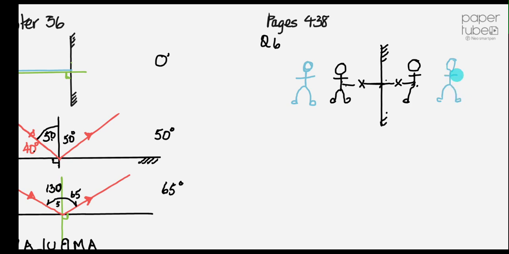Yes? So this has moved 20 back, and this will have moved 20 back. So the question is, by how much has the distance between the student and the image increased? Well, that's 20, and that's 20, so it has increased by 40. Fair enough?